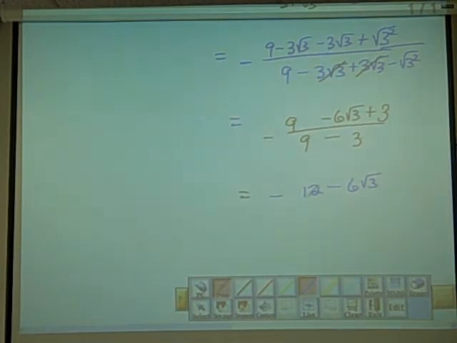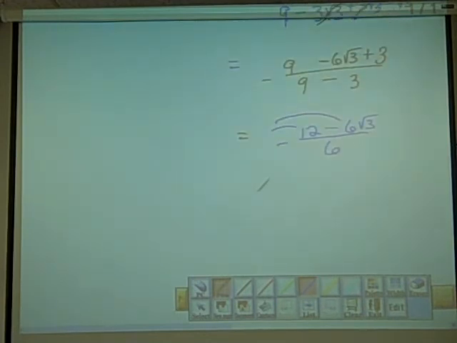So now this negative here, that has to be distributed into everything. So this is off to the side, so that's not just for the 12, that has to go into both, because this negative is off to the side like that.